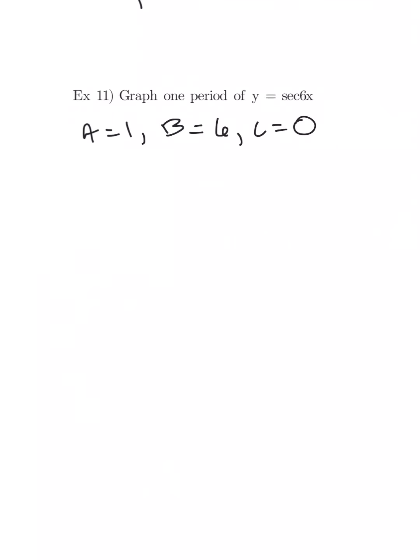Because we are going to use either the sine or the cosine to help us graph this, we are going to consider amplitude. Amplitude is 1, since a is 1. The period, you take standard period length. The functions of sine, cosine, secant, and cosecant all have a standard period length of 2 pi, and put that over b.